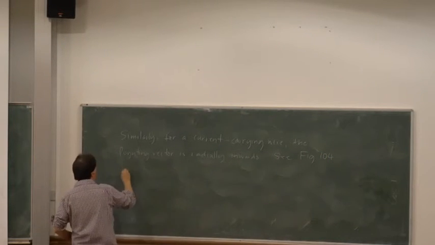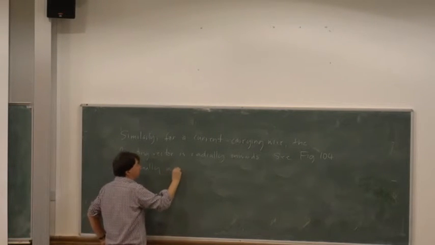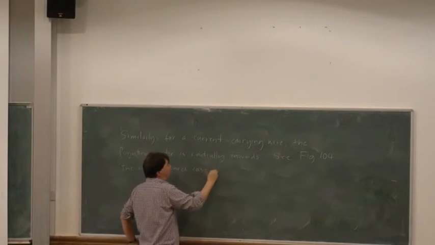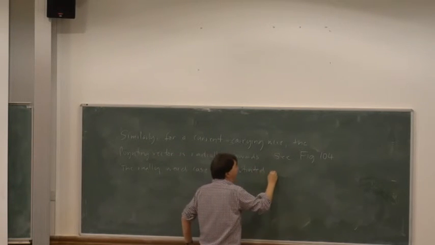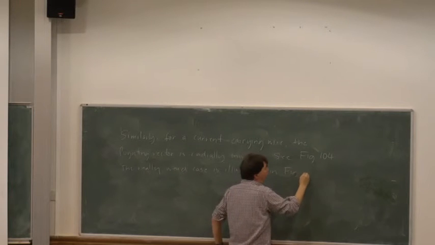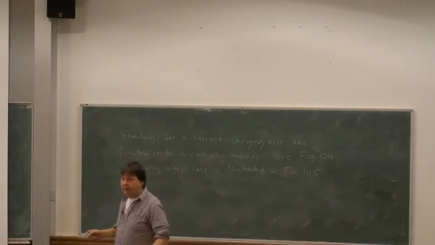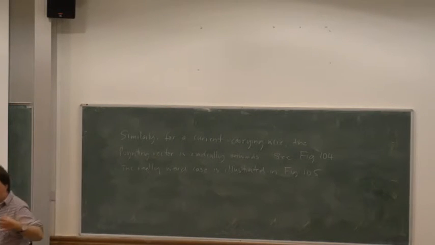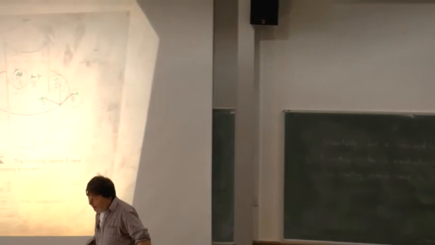And here we go, we've got a few minutes for it. The really weird case is illustrated in figure 105. I think even the case in figure 104 seems reasonable enough once you've got the idea of perhaps the field lines being drawn inwards in the capacitor.